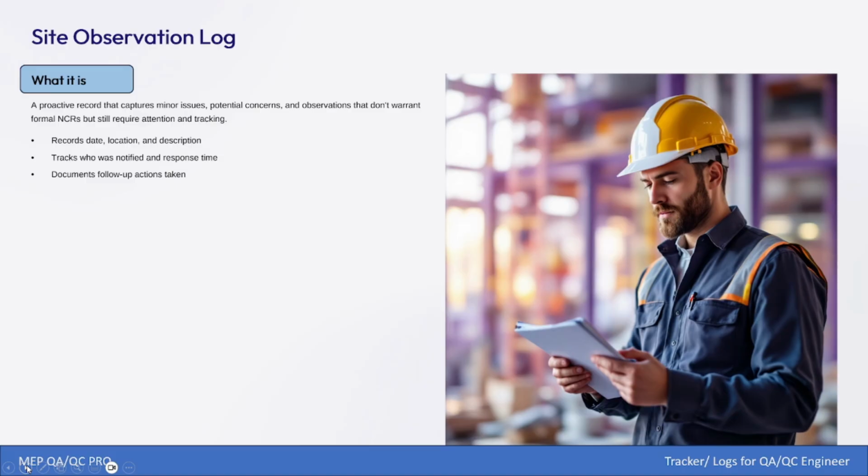If you need to understand the difference between NCR and SOR, I already made a video on this, because NCR and SOR are a very important part of what a quality control engineer must understand, the basic things related to NCR and SOR.